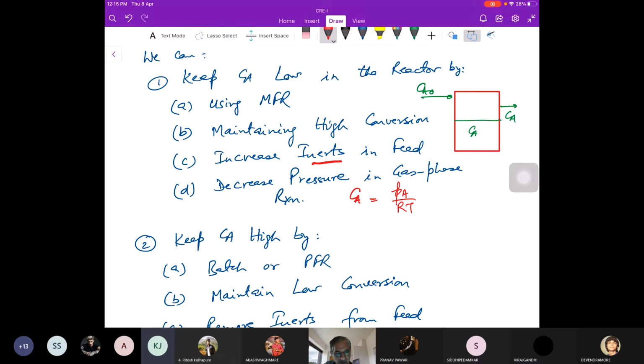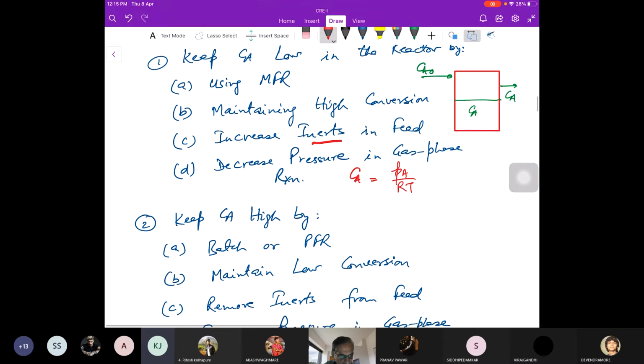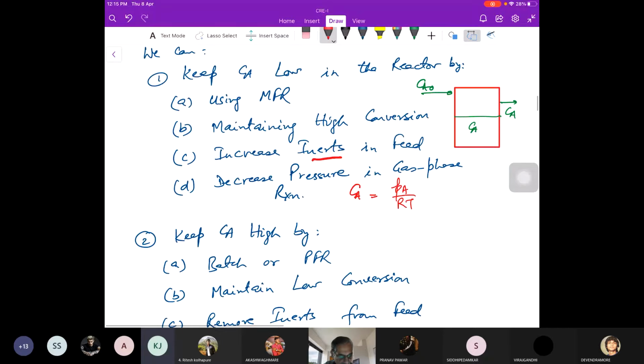Is that okay, Ritesh? So did you understand how to achieve low concentration of reactant in the reactor, with all these four options?